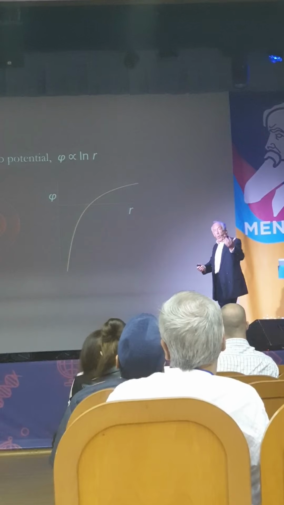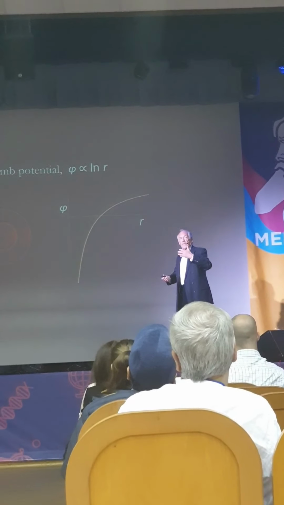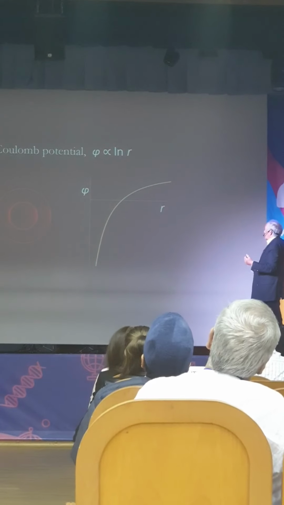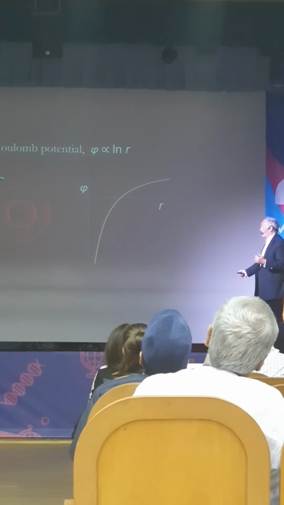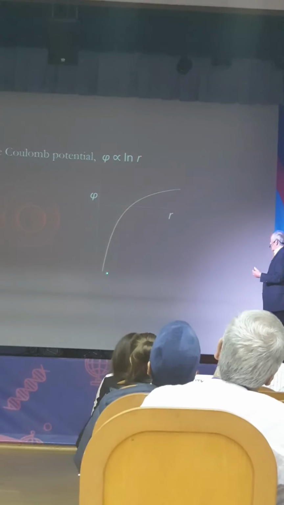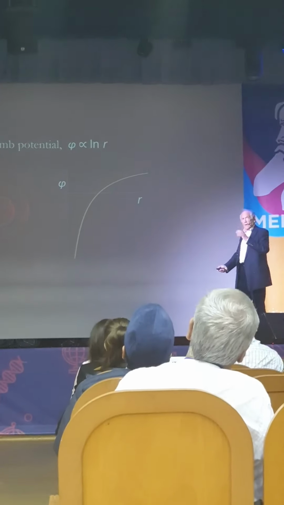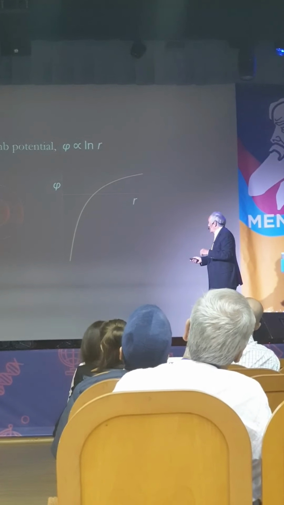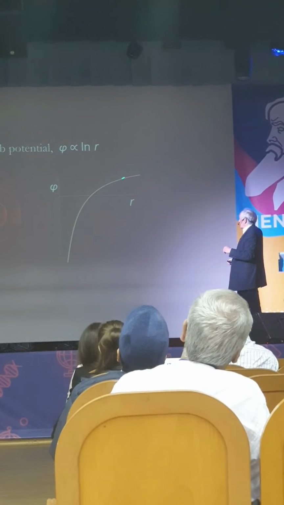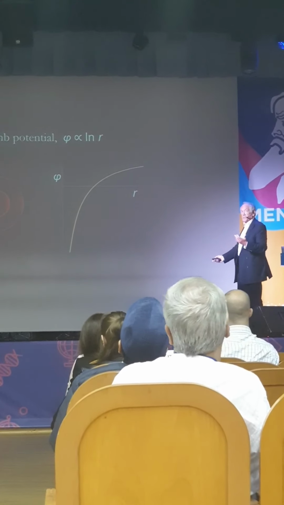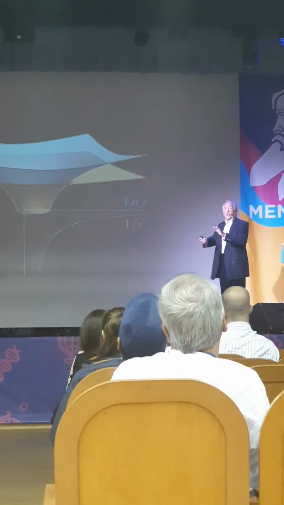No longer 1 upon r, now the logarithm of r. And so it's still spherically symmetrical, but the radial dependence is like that. Certain complications there. One is, it's rather difficult to solve the Schrödinger equation with this potential, but you can cheat.